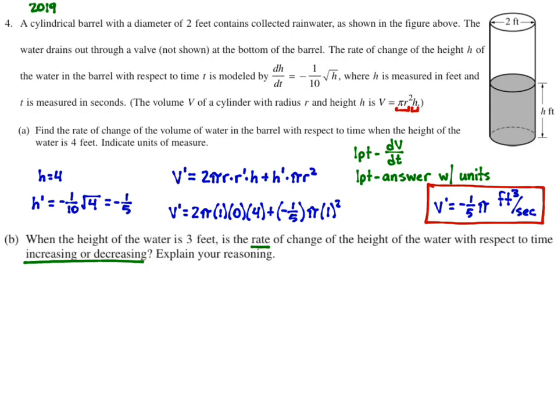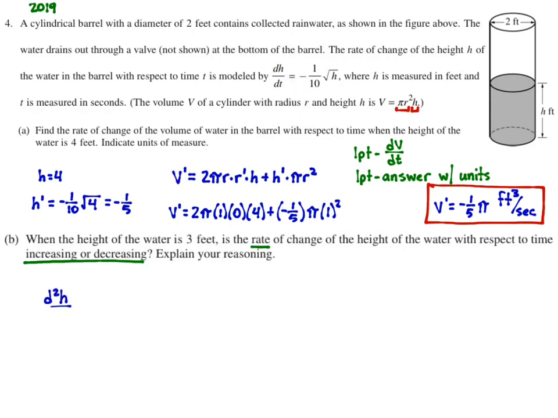How do I know when a function is increasing or decreasing? Well, I know a function is increasing or decreasing when its derivative is positive or negative. So because I'm asking for whether the rate is increasing or decreasing, I have to take the derivative of the rate. So I have to take the derivative of h prime of t, or the derivative of dh dt.